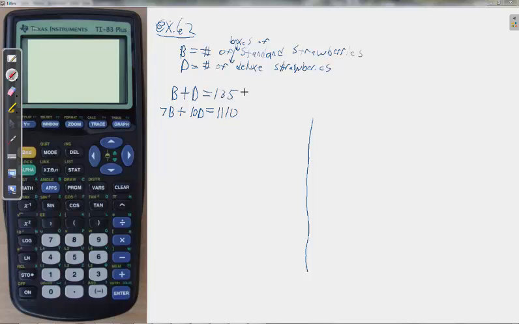So times -10 would get me -10B minus 10D equals -1350. Add down, you will get -3B equals, let's see, that would be -240. Then divide out the negative 3, and you would get B equals 80.